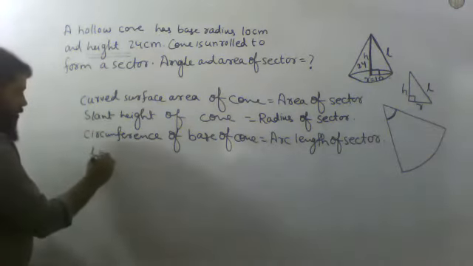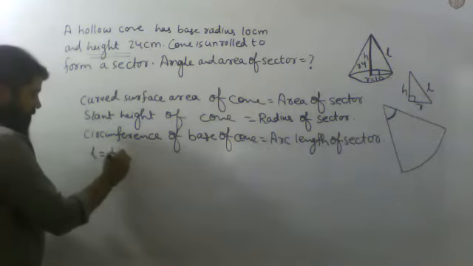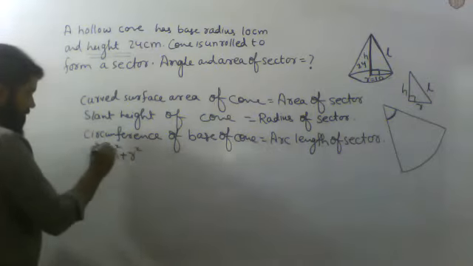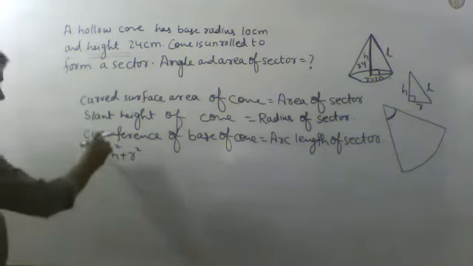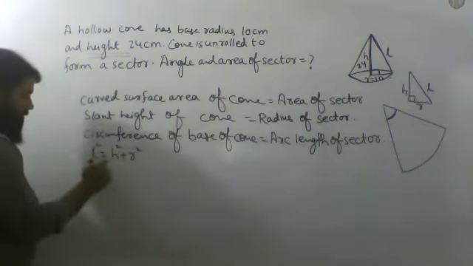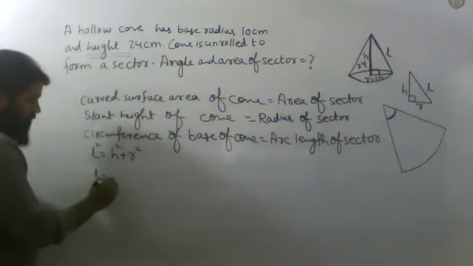L equals to, that is hypotenuse. L is representing hypotenuse. L equals to H square plus R square. Taking root on both sides.